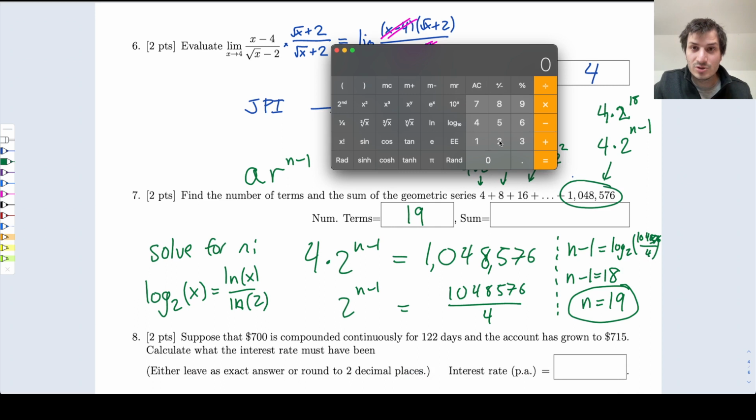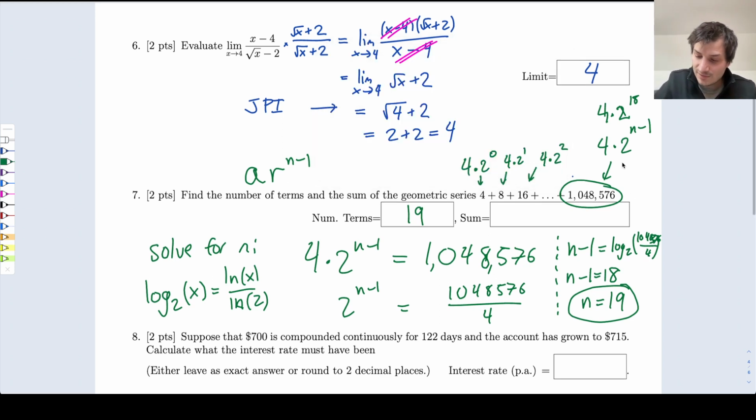So we'll do 2 to the power of 18, times 4, 1,048,576. So everything I did is correct. This equation that I solved for n, it worked out. The answer was n is 19. So there are 19 terms over here.